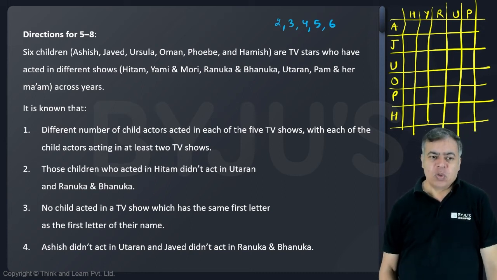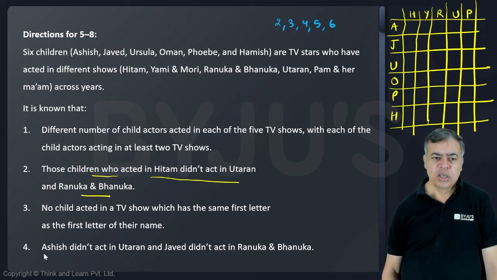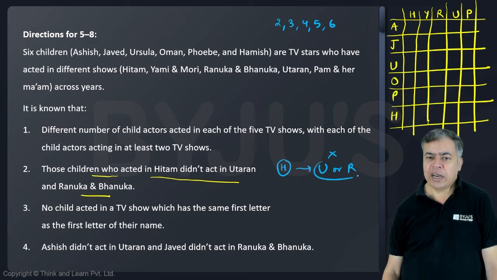Now, further, those children who acted in H did not act in U and R. This is one piece of information that we will be using. If somebody is acting in H, they cannot act in U or R. If H is true, U and R cannot be true. No child acts in a TV show which has the same first letter as the first letter of the name.